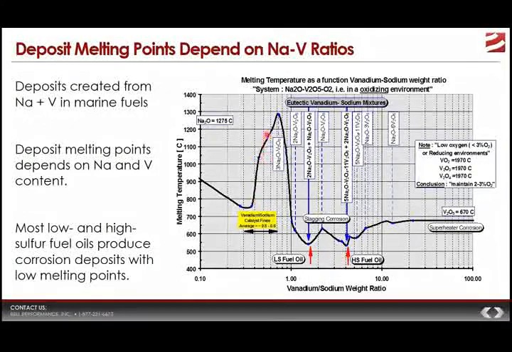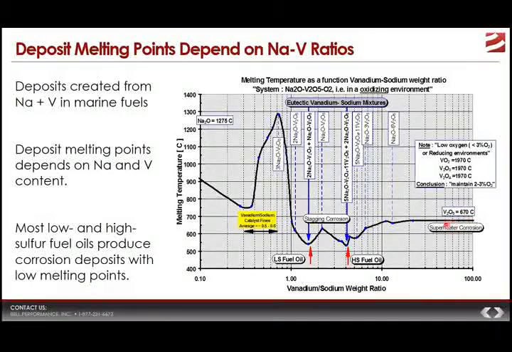Then as you go up to here, when you get 2Na2O V2O5 and this kind of sodium vanadium complex forms, this area in here is where you get the lowest melting point deposits and the highest amount of slagging corrosion. And then as you increase it, you get more superheater corrosion out here.